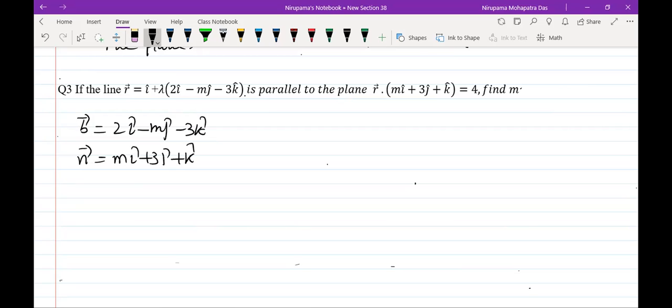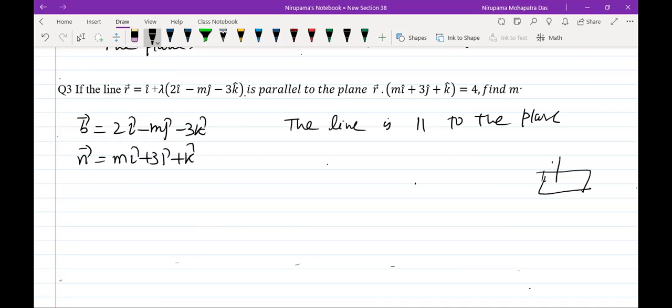We are given that the line is parallel to the plane. So if the plane is like this, its normal will be like this, and the line is like this, parallel to the plane.